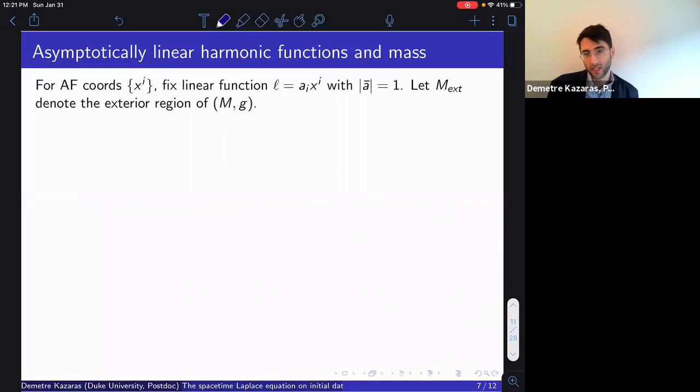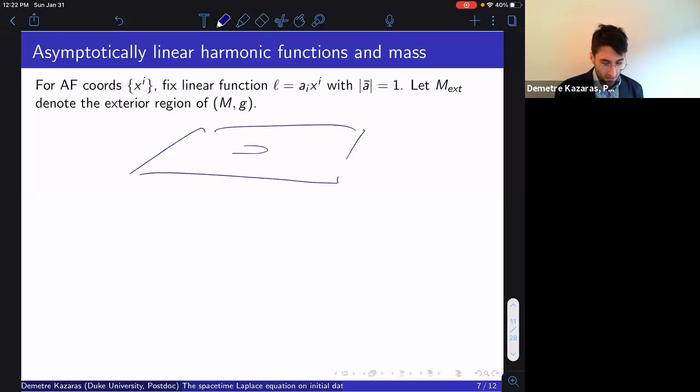So first, let's give another proof of this theorem. If you watch Daniel Stern's talk, which I encourage you to, he may explain in greater detail the idea that I'll present here. In your asymptotically flat manifold, you have some coordinates, xi, which take you to, this is M, this is R3 minus a ball.